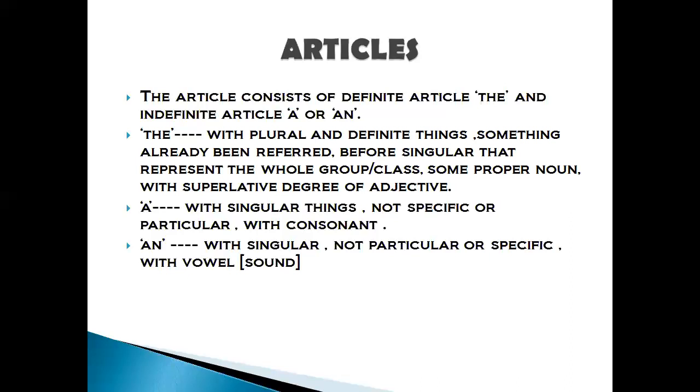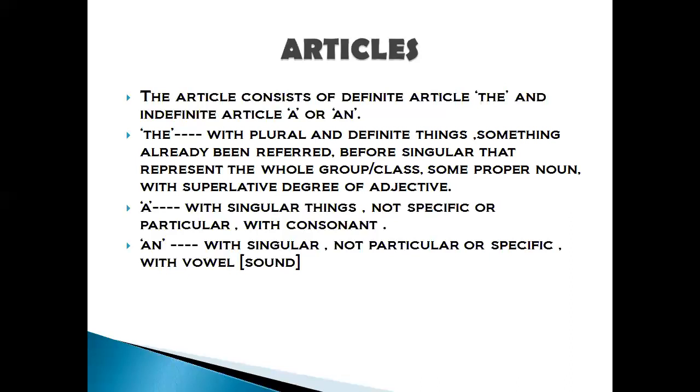If a word starts with a consonant sound, the determiner a is used. A is always used with singular countable nouns. In the same way, the determiner an is used with a vowel sound. A, E, I, O, U are all vowels, and an is used with singular countable nouns.